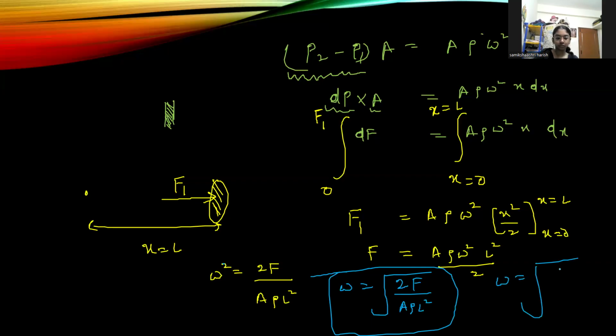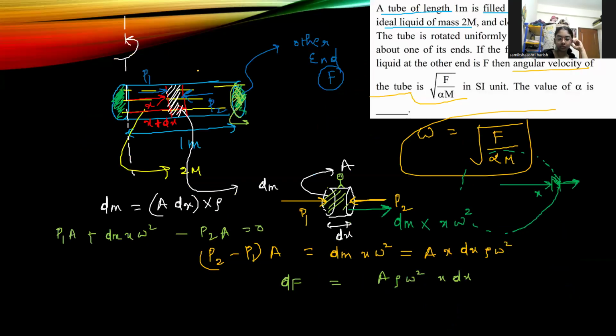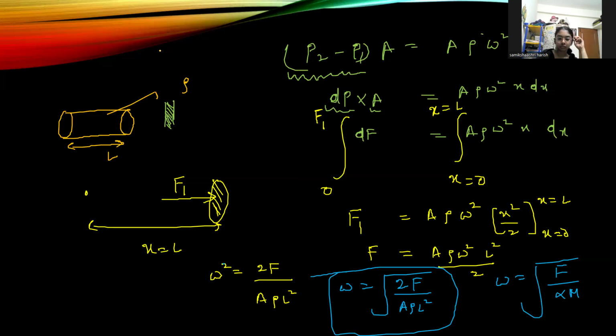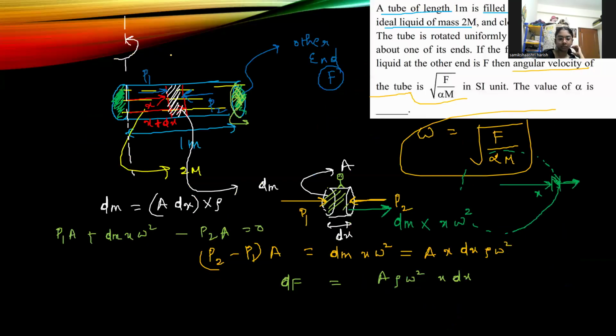Now tell me, this is a tube. This tube has length L, liquid density is rho, and the mass is mentioned as 2m.